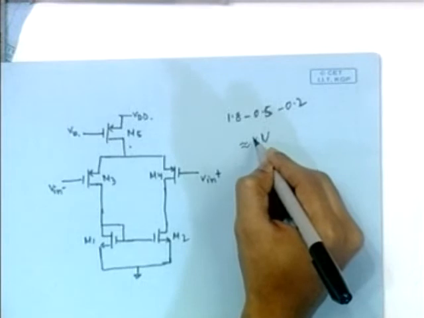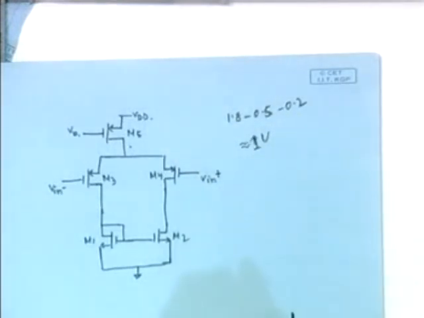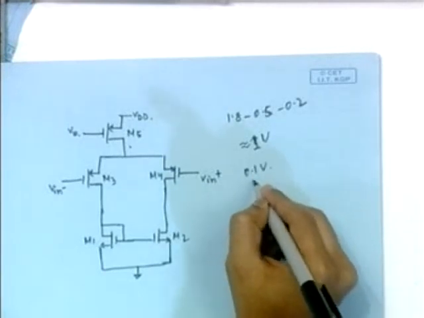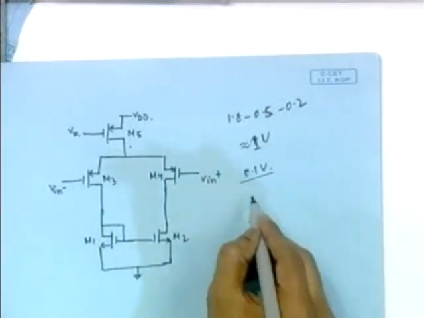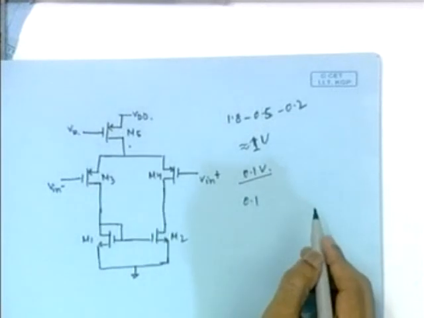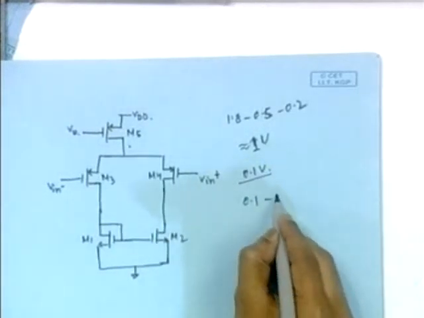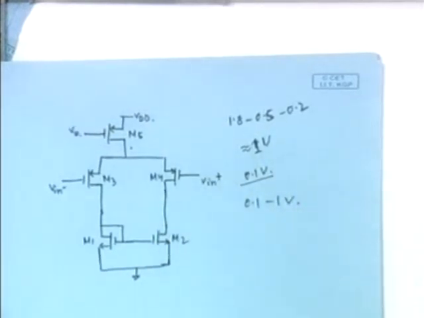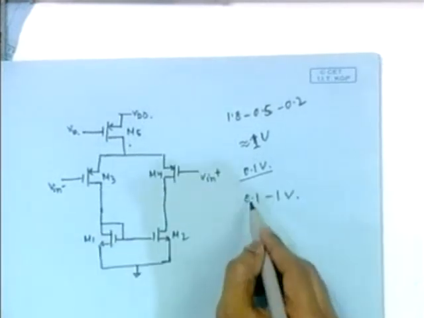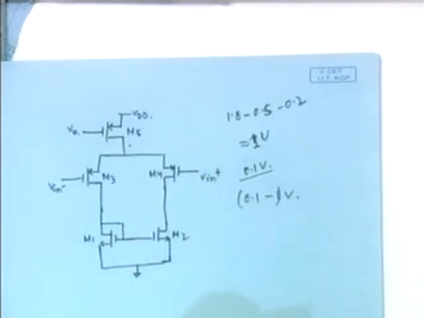We are taking it as 1 volt, and the lower range of this circuit we get is 0.1 volt. So the range of operation for the PMOS diffamp is 0.1 volt to 1 volt.